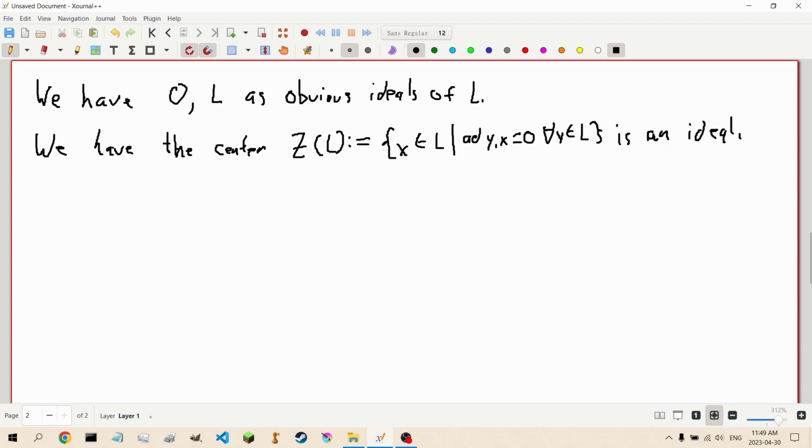And this is an important example. This is going to come up later on when we start talking about series in an algebra.